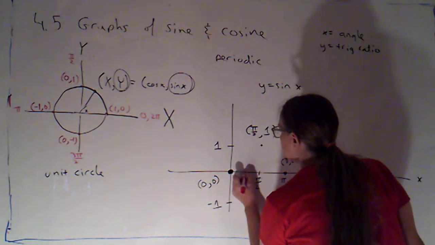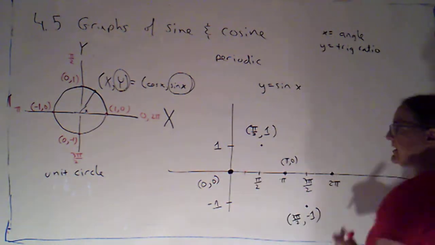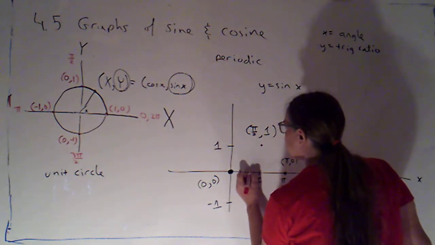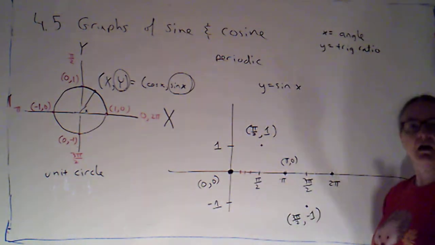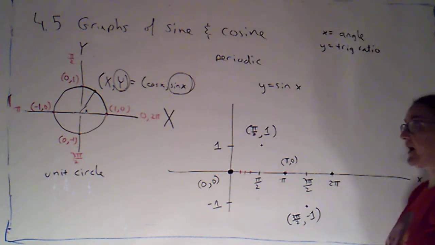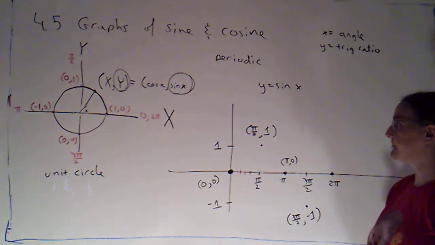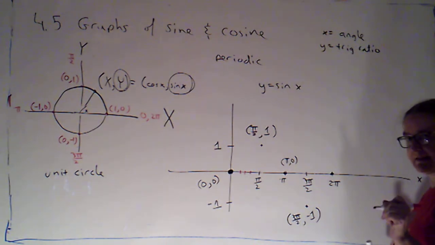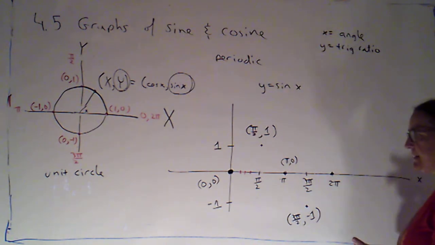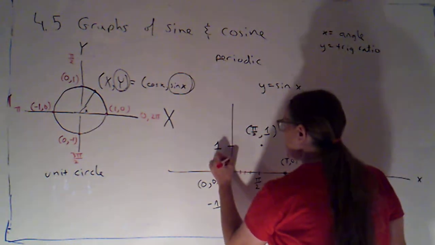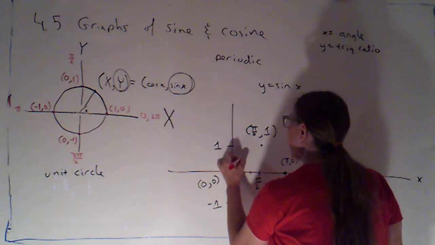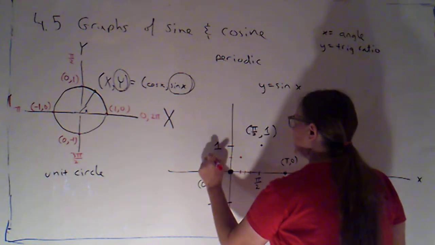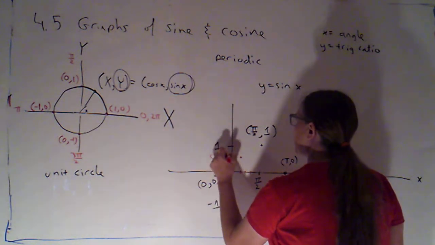So there's pi over 4, which is halfway in between pi, 0 and pi over 2. And then there's pi over 6 and pi over 3, which would be 1/3 and 2/3 of the way through this little interval here. I know that pi over 6 corresponds to 30 degrees. At pi over 6, we're at a Y value of 1/2. So this point right here would be pi over 6, 1/2.